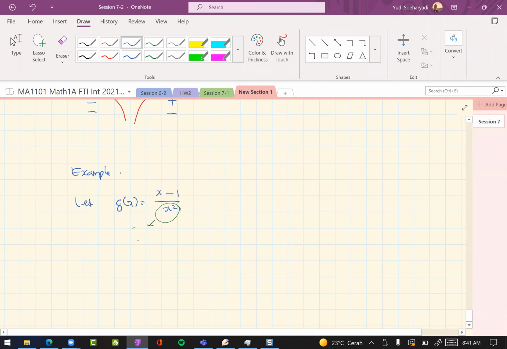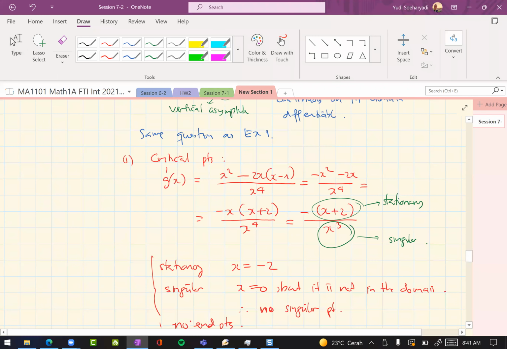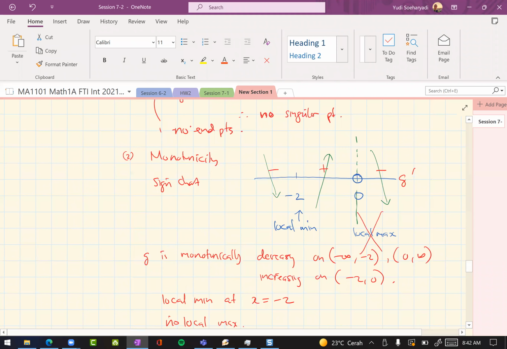So G prime is, sorry, keep going up and down. Just want to make a copy of a few things. This is the derivative, first derivative.